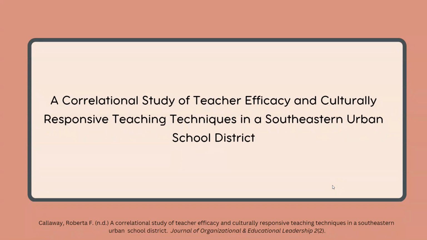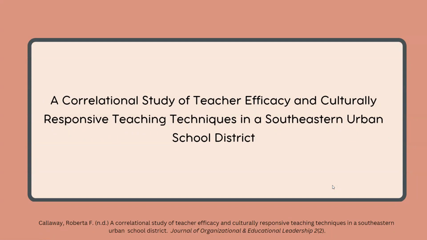The primary objective of the study, a correlational study of teacher efficacy and culturally responsive teaching techniques in a southeastern urban school district, was to examine how teacher efficacy impacts culturally responsive teaching techniques, instructional strategies, student engagement, and classroom management. In addition, personal teacher efficacy and general teacher efficacy of high school teachers was examined.